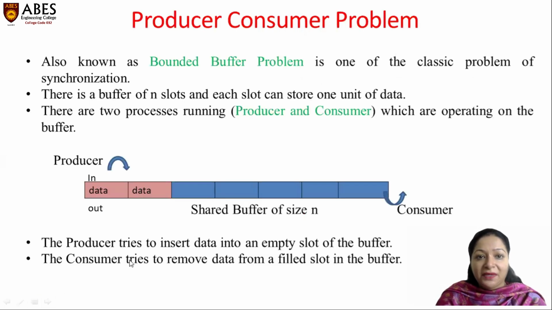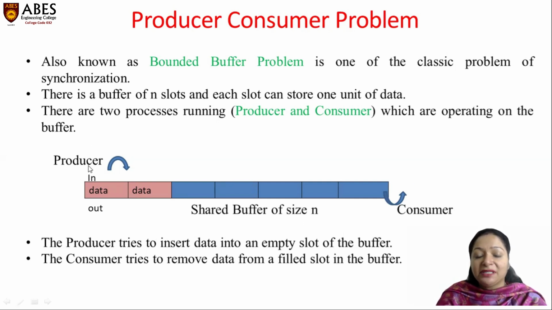Here, we have already studied that the producer-consumer problem is also called the bounded buffer problem, which is a classical problem of synchronization. There is a buffer of size n, and it is shared between two processes, that is producer and consumer.